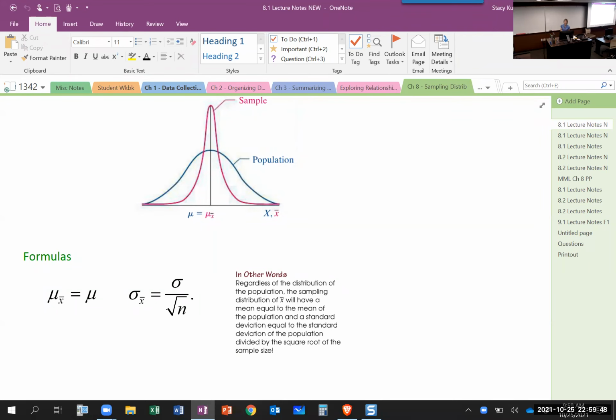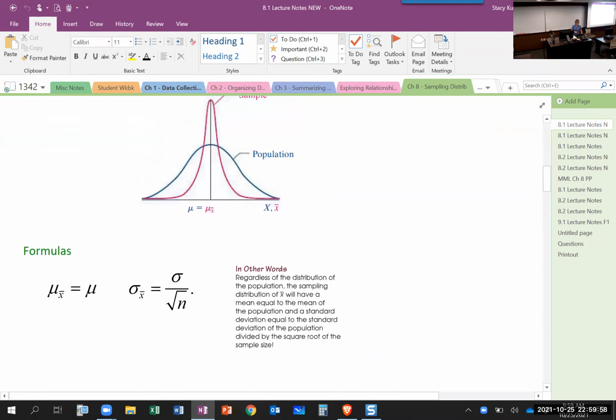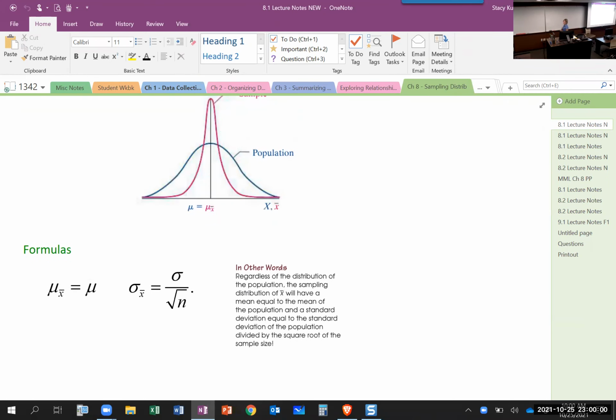How do I know that if I'm going to sample out of a population, I can feel assured that I'm going to be doing this in the correct way? Well, we can see that if we have a normal distribution, the center of my sample is going to be the same as the center of the population, right?